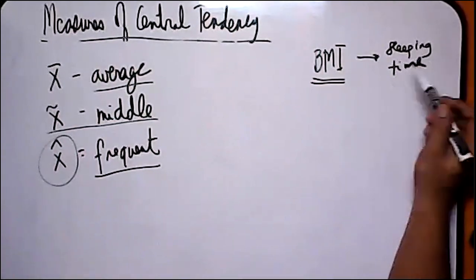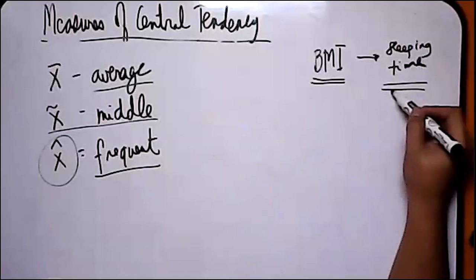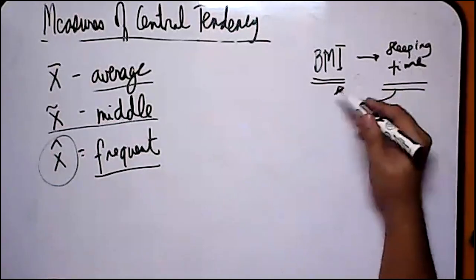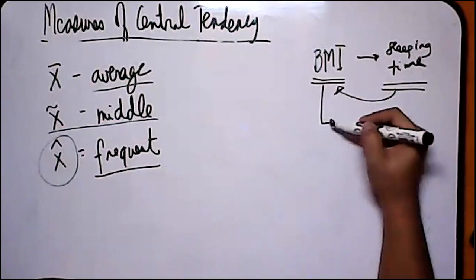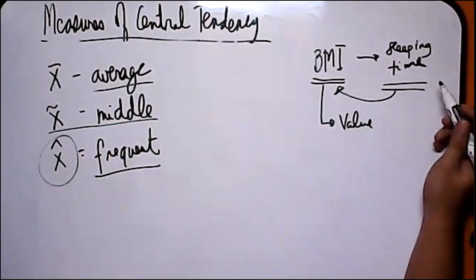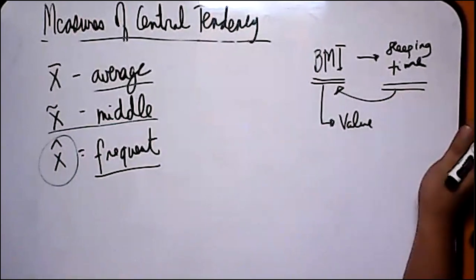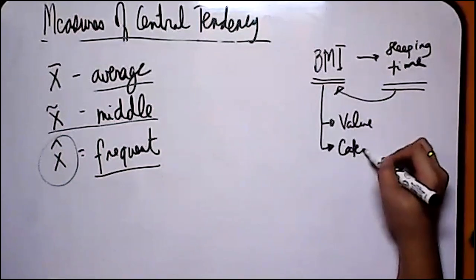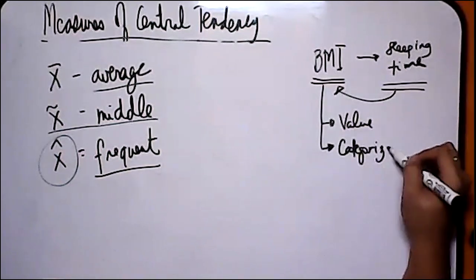In other words, I would like to know if ang sleeping time ba meron siyang relasyon sa BMI ng aking mga estudyante. Now, the BMI of my respondents can be represented by the value, yung nako-compute mong value doon sa formula ng BMI. Or, you can actually categorize the BMI, di ba?